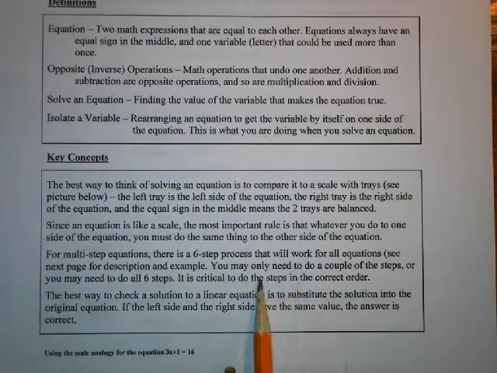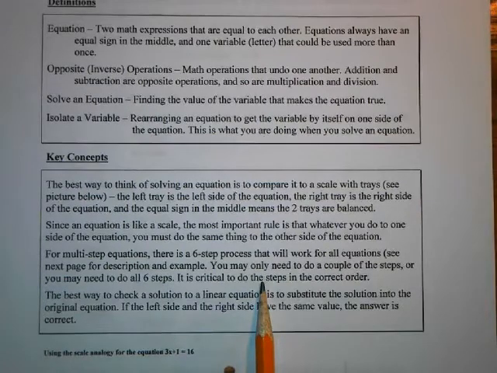Okay, now you'll see when we look at this full page document, it may look overwhelming. In reality, you probably won't have to do all 6 steps very often. Most of the time you'll be doing 1, 2, or 3 steps.